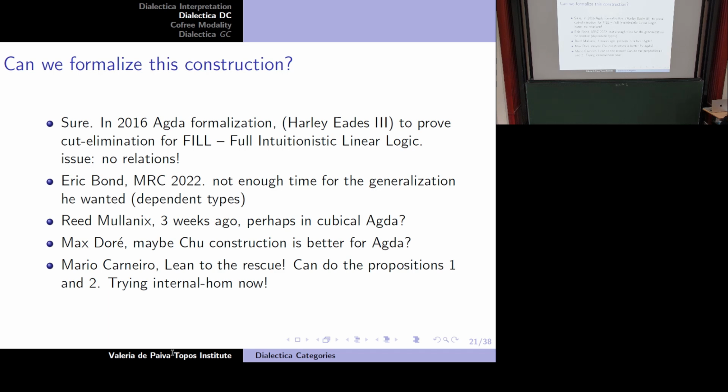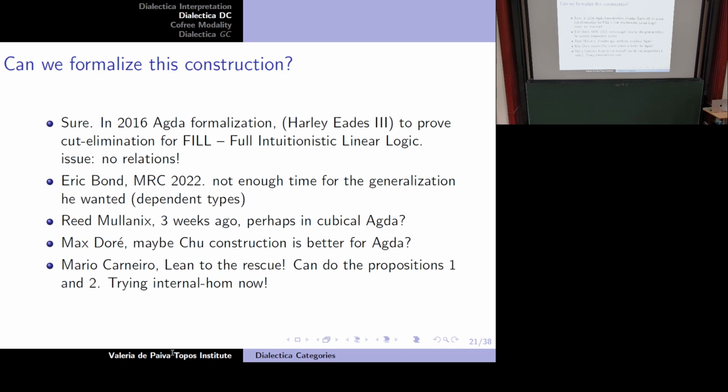And I have to confess that Harley did the formalization, kind of showed me that everything worked for proving the cut elimination, and I didn't even read the file well enough to notice that he had no relations. So he just used the types of the morphisms to prove. And for proving cut elimination, that's hunky-dory, no problem, because either there is a map or there isn't a map. And if there is a map, we are home and dry.